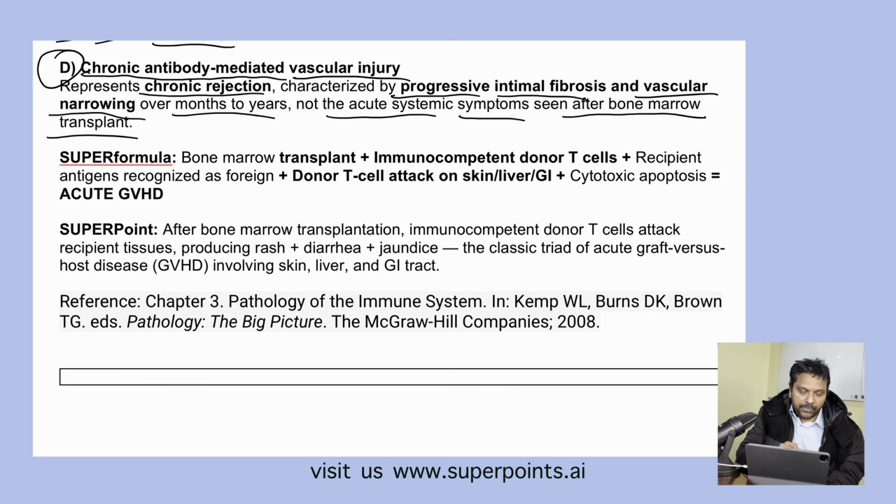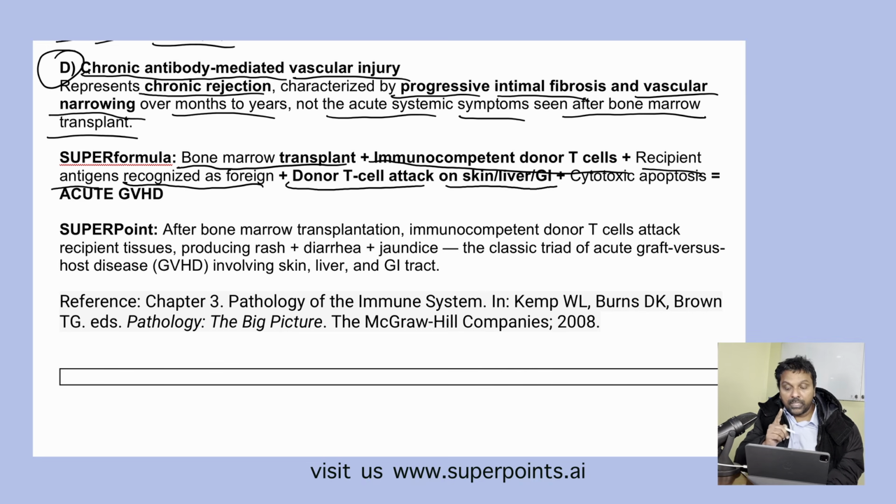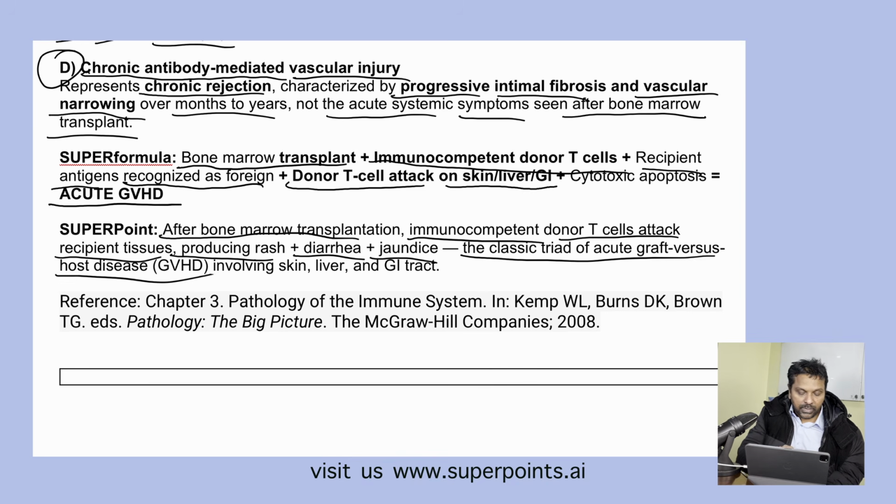For example, if you see these words: bone marrow transplant, immunocompetent donor T cells, recipient antigens recognized as foreign, and donor T cells attacking skin, liver, GI, they're talking about acute GVHD. After bone marrow transplantation, immunocompetent donor T cells attack recipient tissues, producing rash, diarrhea, and jaundice, the classic triad of acute graft versus host disease involving skin, liver, and GI tract.